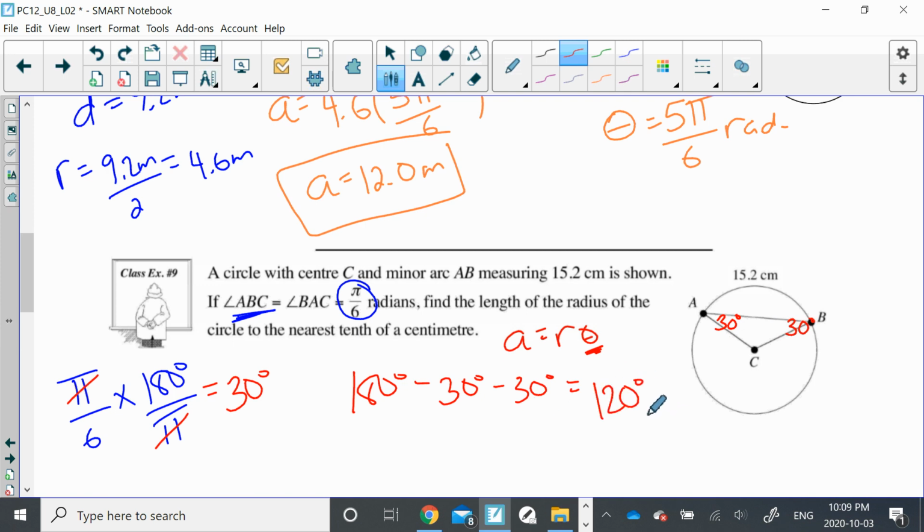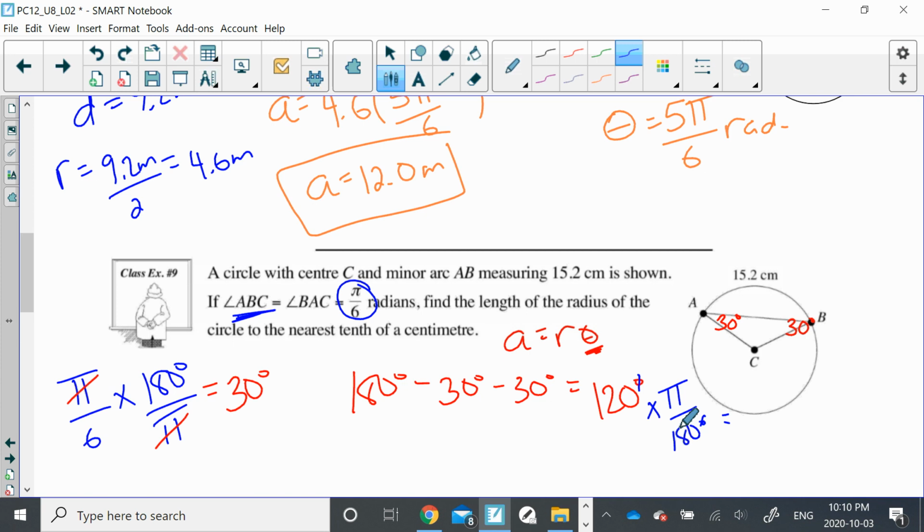And then remember, we always have to convert to radians when we're dealing with arc length. So converting to radians, times this by pi and divide by 180. Degrees and degrees would cancel. I'm just going to check on my calculator next to me.